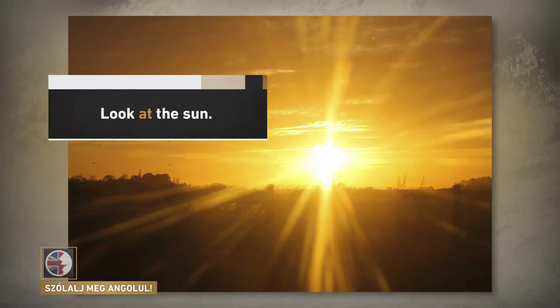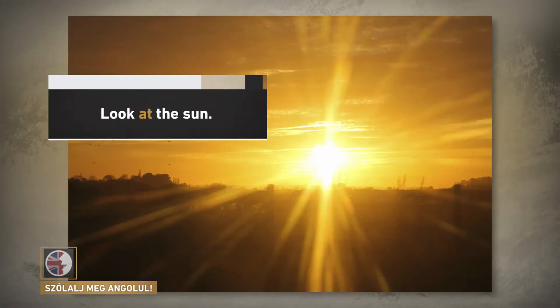Good. Now, let's get back to looking at the definite article and the differences between the definite and indefinite articles. Okay, for one thing, we know that if everyone knows which one we're talking about, then we use the definite article, not the indefinite article. If it's clear which thing or person we mean. Look at the sun.